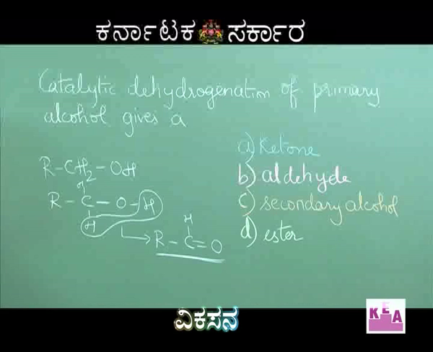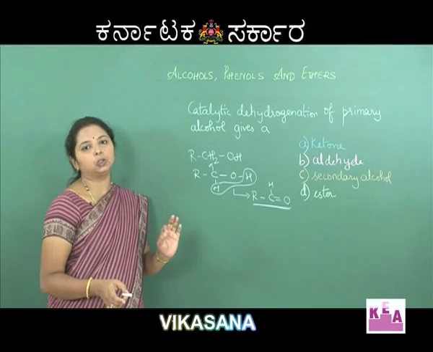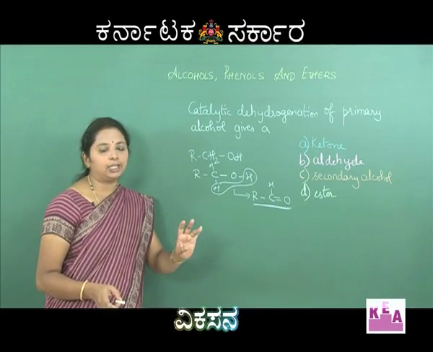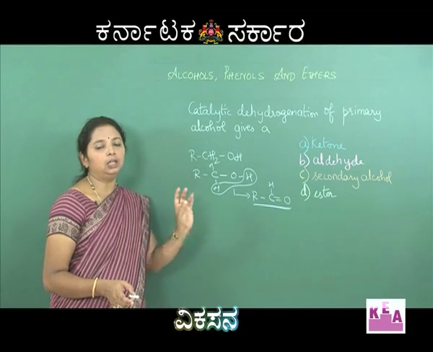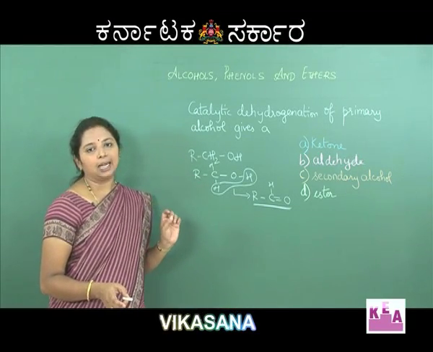Actually, this reaction is used for differentiating between primary, secondary and tertiary alcohol. Therefore, remember this reaction, whether they ask it for primary, secondary or tertiary, you should be able to write the products. Primary will give aldehyde, secondary alcohol a ketone and tertiary alcohol an alkene.